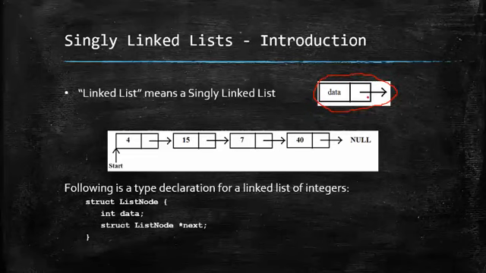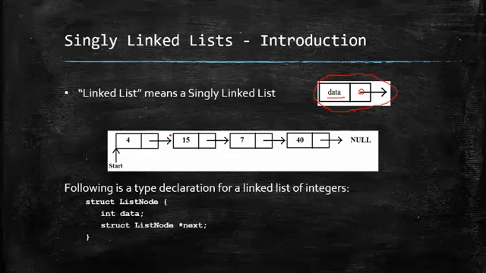A node looks like this, where it has a value called data and a pointer called next, which points to the next element. So a list is composed of a lot of nodes which are connected together with the help of this next pointer.